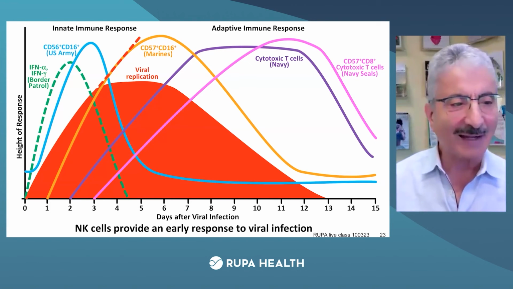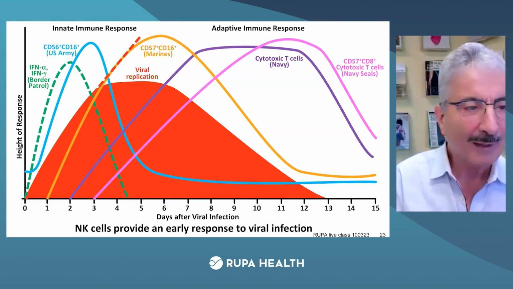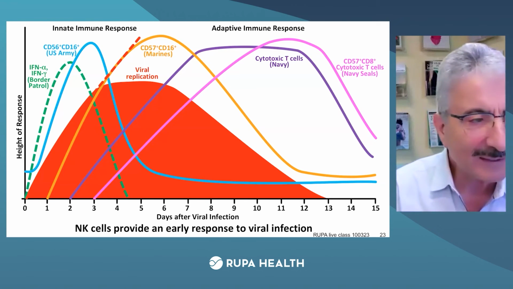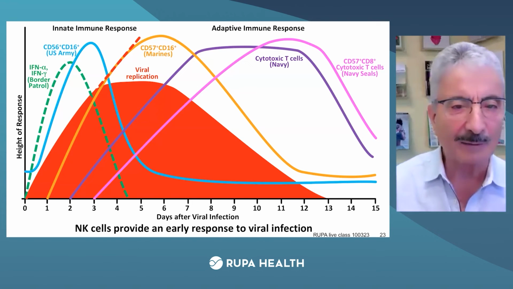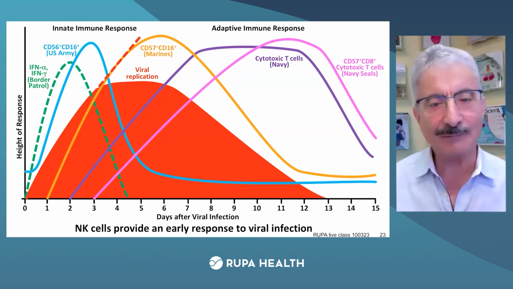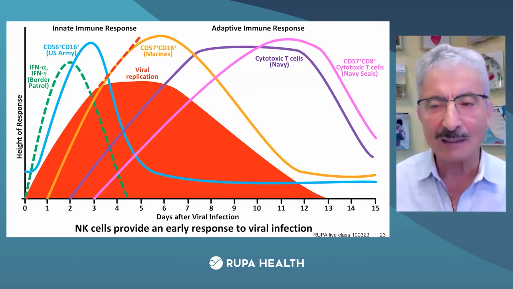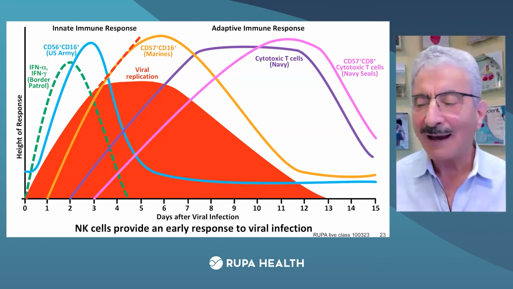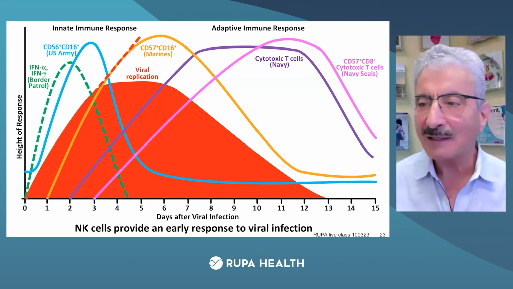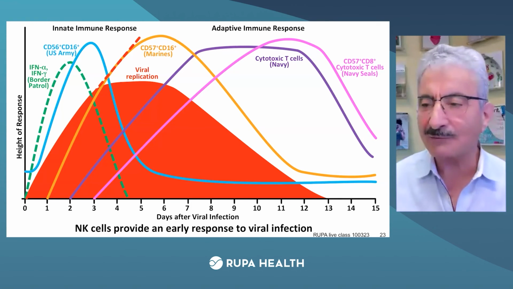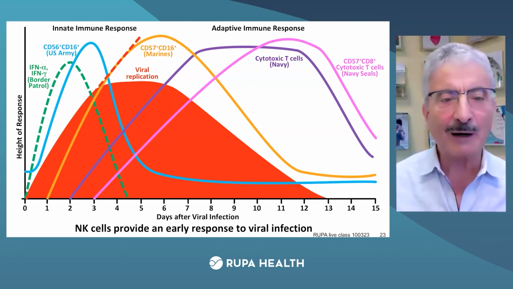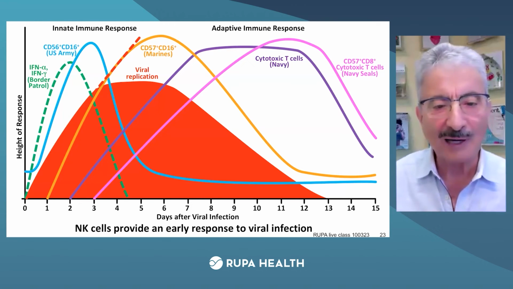So it seems that interferon gamma plus CD56 positive, CD16 positive cells, the US Army, the Marines, CD57, CD16, and the Navy, cytotoxic T cells, in alliance with CD57 positive cells, the Navy SEALs, together are in our body to protect us against viral infection.